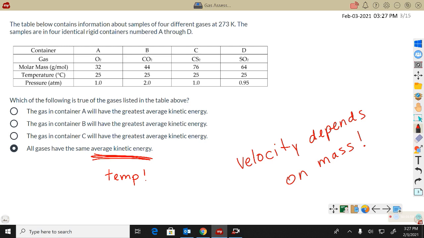Now, obviously, that same amount of force does not translate into the same speed or velocity. That depends on mass. So now my heaviest particle is going to move the slowest, and my lightest particles are going to move the fastest. The same amount of energy is being used to push the particles, but if it's pushing more mass, then those particles just aren't going to travel as fast. But here, average kinetic energy refers to temperature.